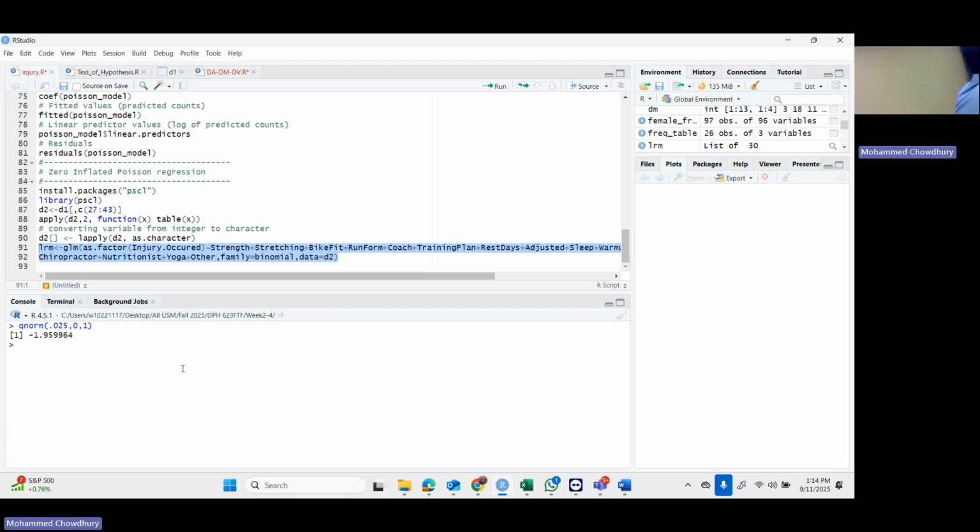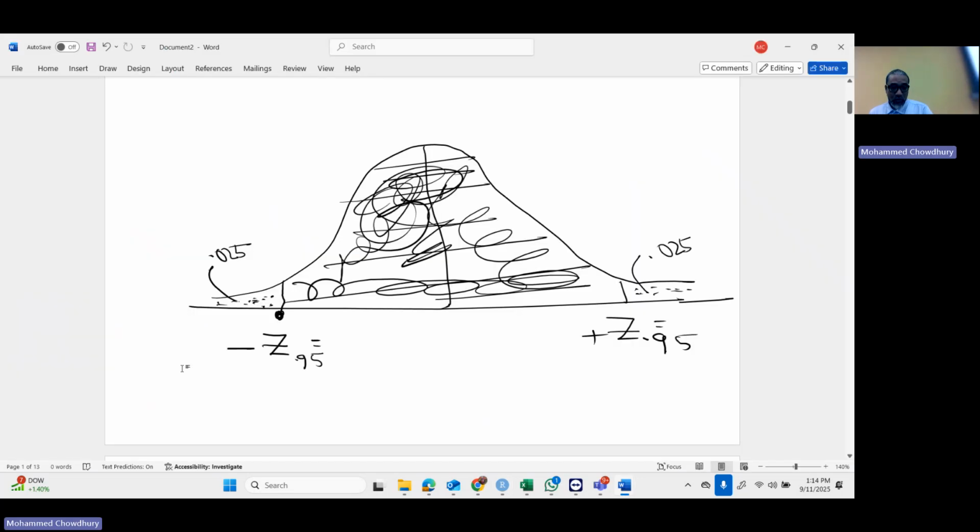Q means quantile, coming from the normal distribution, for the 2.5% frequency less than that. So I want in here, in order to find the 2.5% frequency, try to understand these things.